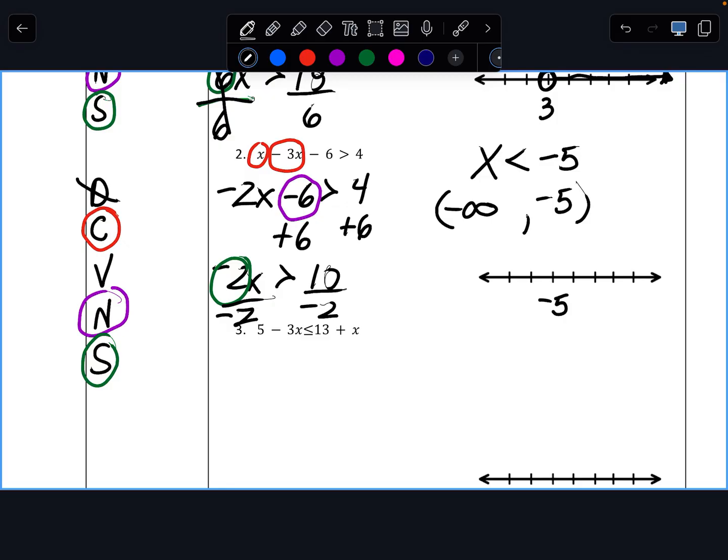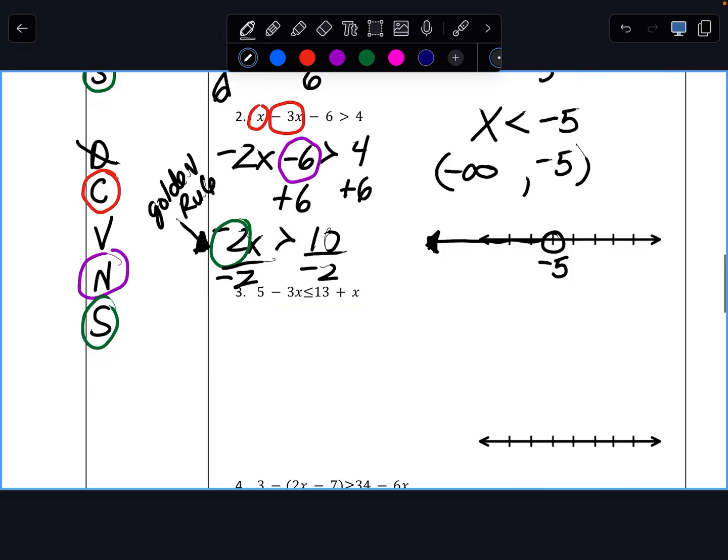I need an open circle, and I'm going to draw it in the direction of negative infinity. Remember, this right here, flipping the sign, is the golden rule of inequalities.